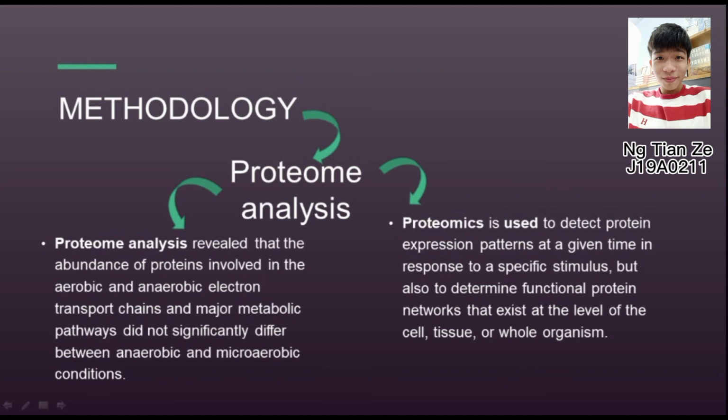Proteomics is used to detect protein expression patterns at a given time in response to a specific stimulus, but also to determine the functional protein network that exists at the level of the cell, tissues, or whole organism.